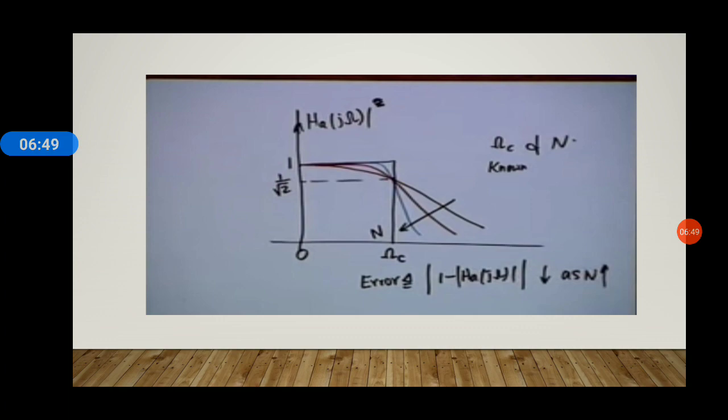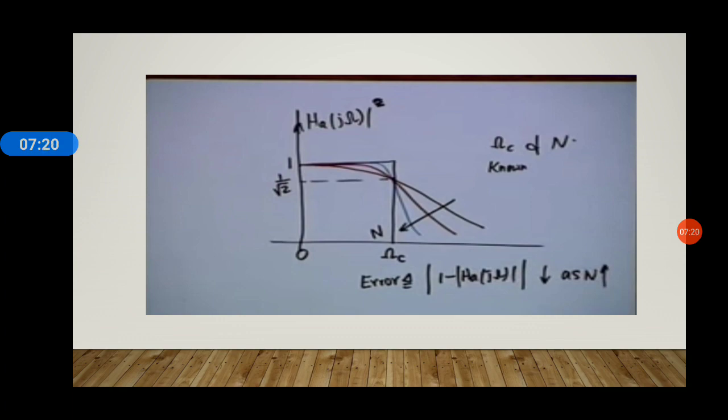But as discussed previously in the previous videos, sharp transition is not what is required. We need monotonic decrement. See here, as n goes on increasing, the decrement becomes slower, or we can see that the characteristics of the filter moves more towards the ideal characteristics.